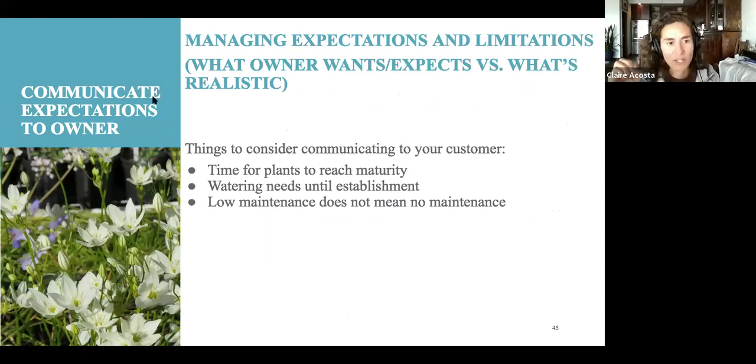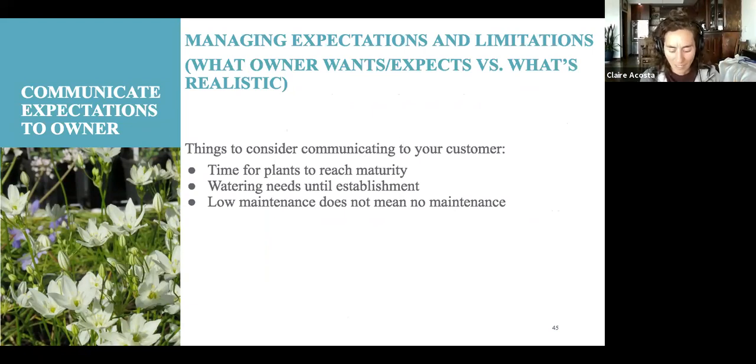Communicating expectations to owners. I touched on this a little bit, but you definitely want to be very clear. And I would say take as many opportunities as you can to manage expectations. Basically, as much as you can, repeat yourself about expectations and what's realistic.